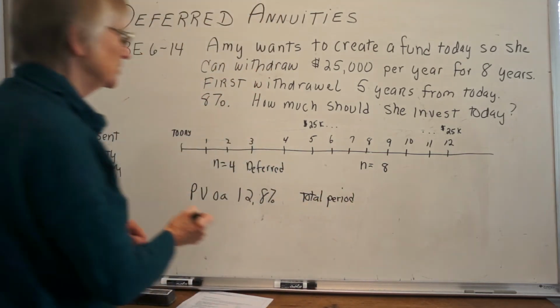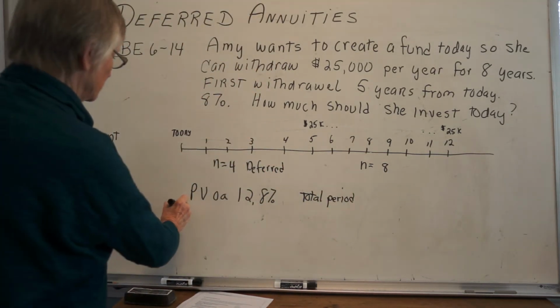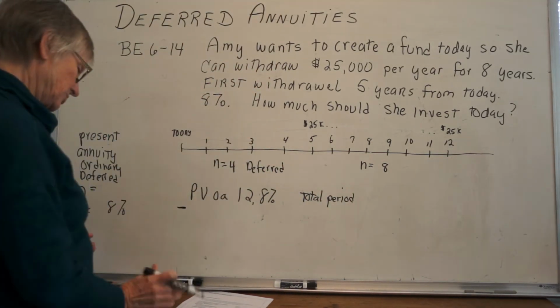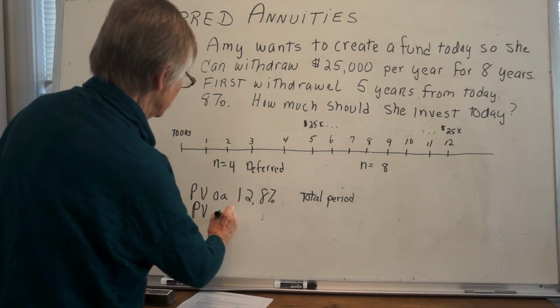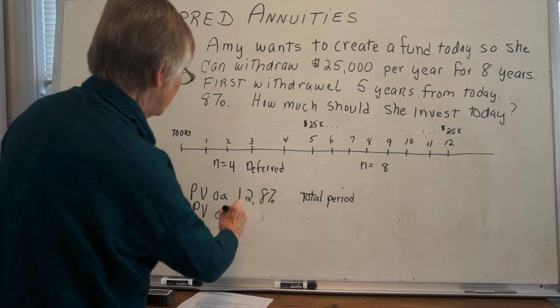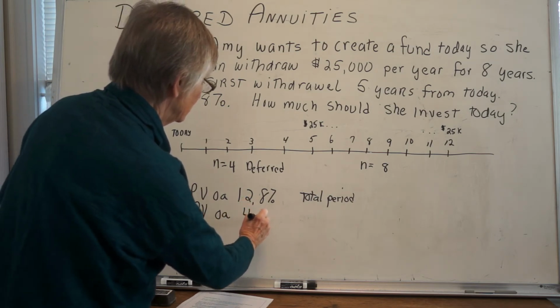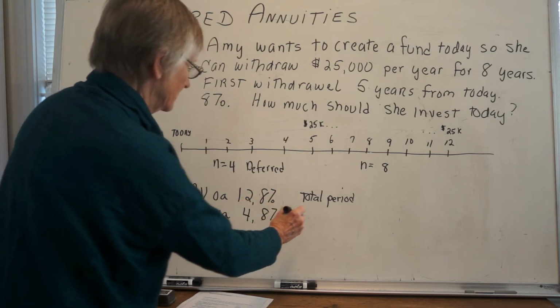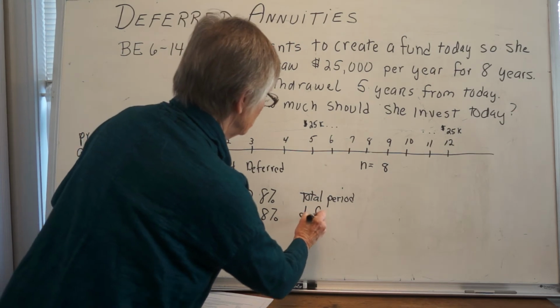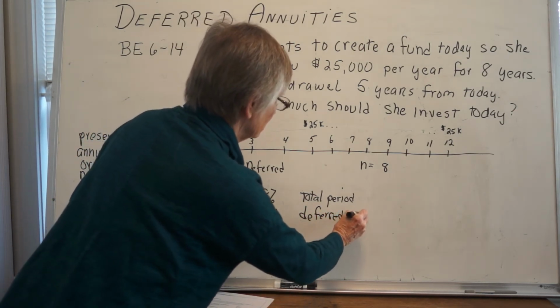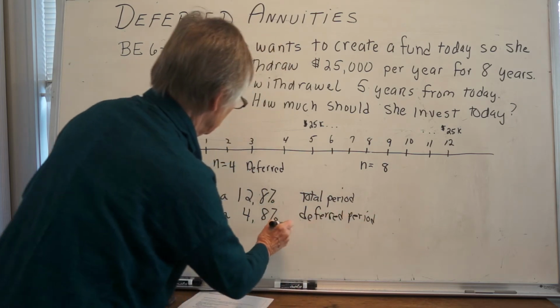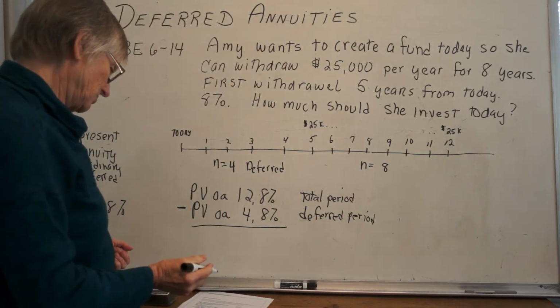Then, because we're dealing with the present value and not the future, we have to subtract the deferred period. So we take the present value of an ordinary annuity of the deferred period, 4 at 8%. So this is less the deferred period, and that would give us the factor to use.